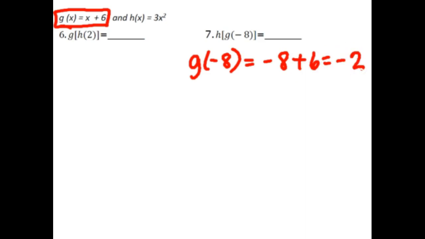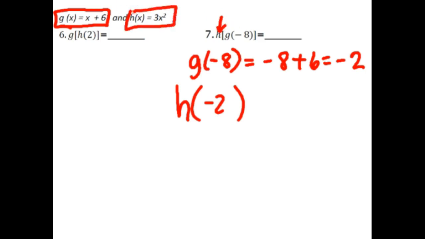I'm going to take that -2 and put it into the function called h, into this one. And in place of the x in function h, I'm going to put a -2.